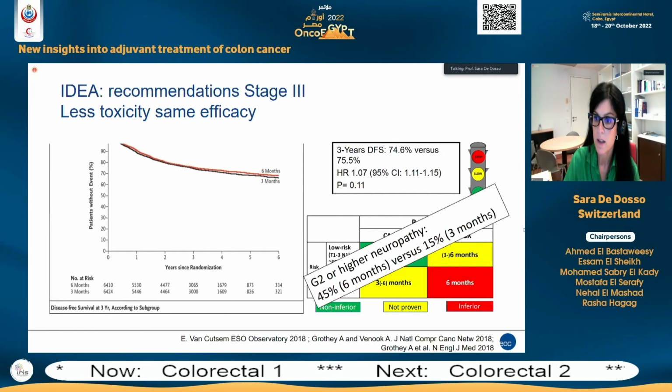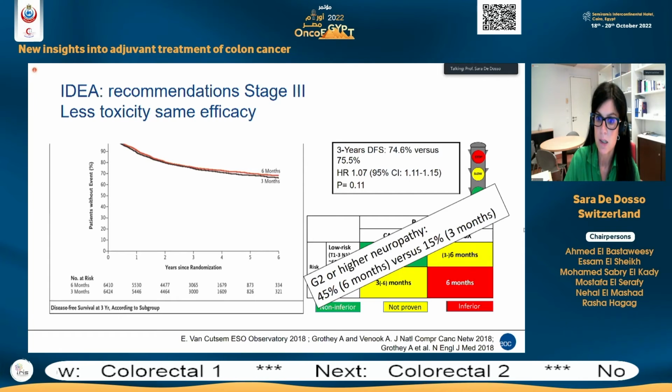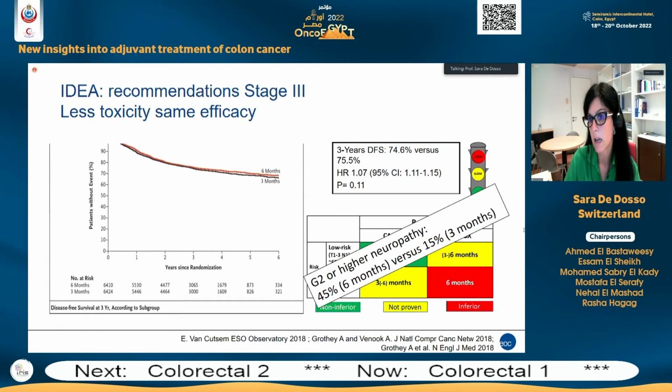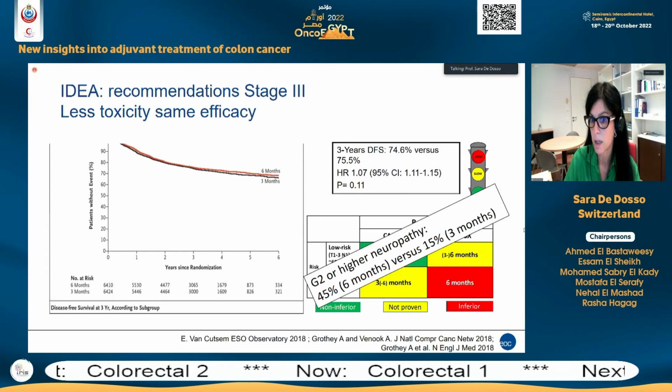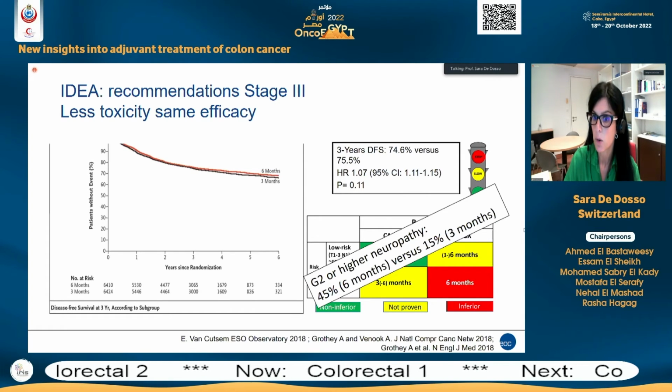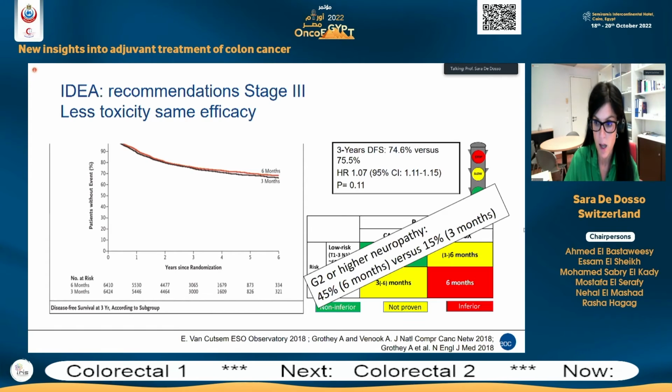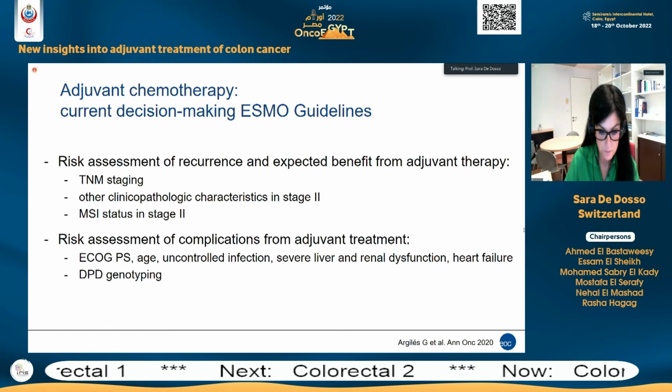So this means that in low-risk stage 3 colon cancer patients, we can consider a 3 months strategy with an oxaliplatin-based regimen in order to decrease the incidence of neuropathy. We have a 30% decrease in neuropathy without affecting the final outcome results.